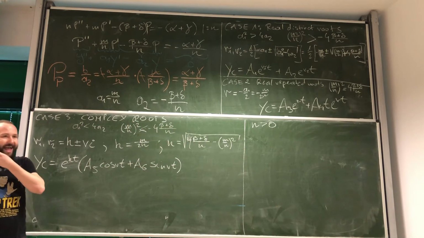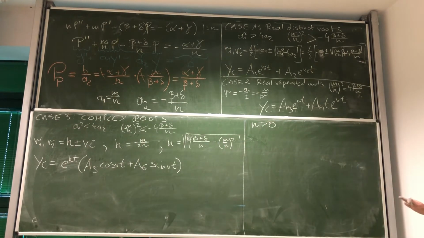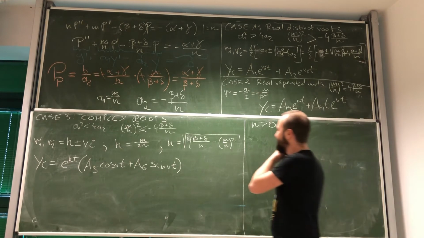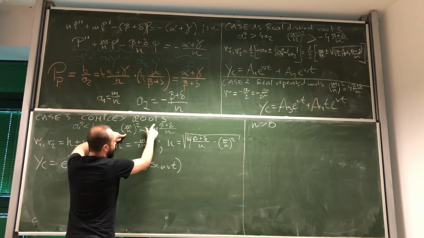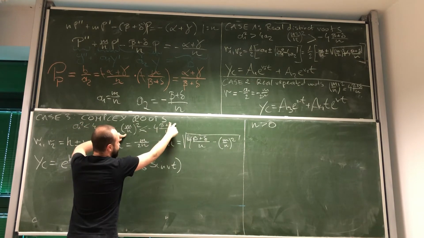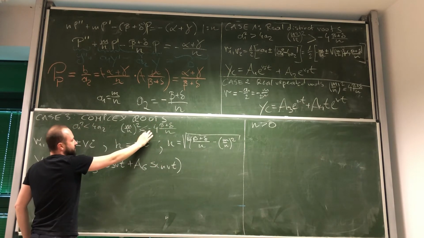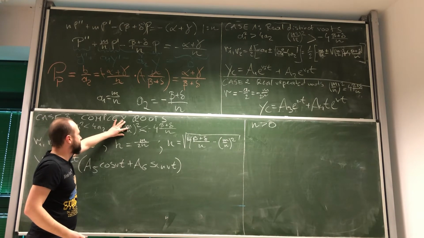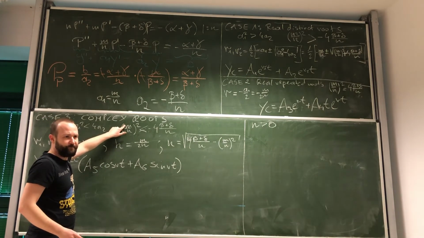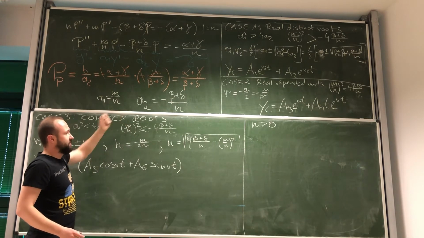If n is bigger than 0, we can rule out two cases right away. Why? If n is bigger than 0, we see that 4 times beta plus delta over n is positive. It has a minus up front, so it can never be bigger than the case where m over n is squared.